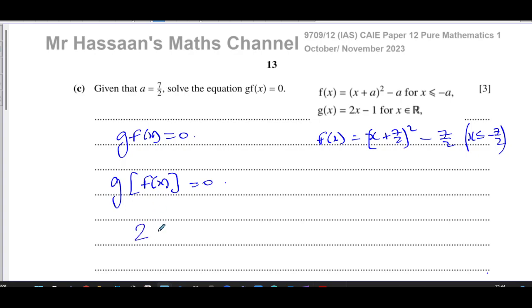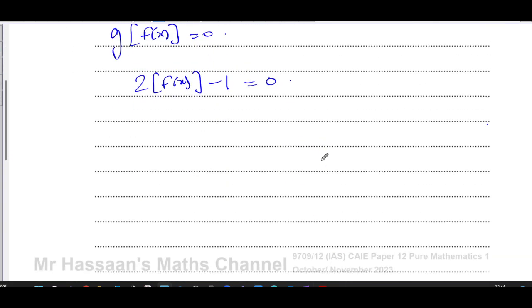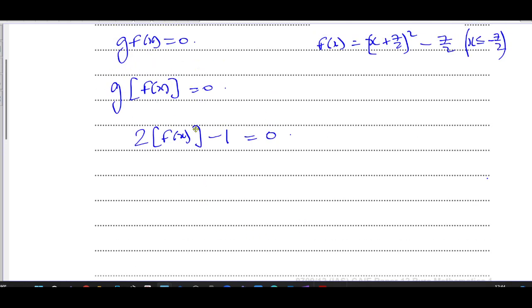We'll have 2 times f of x minus 1 equals 0. All right, so now when we solve this, we end up with 2 times f of x equals 1. So f of x is equal to a half.